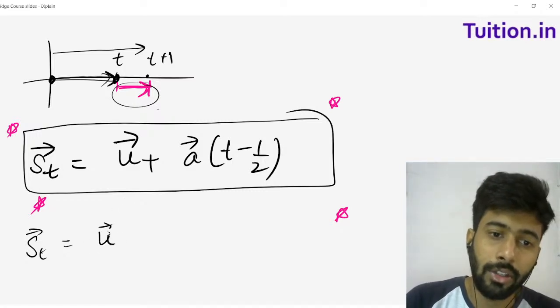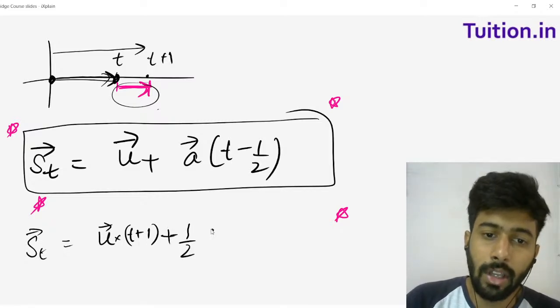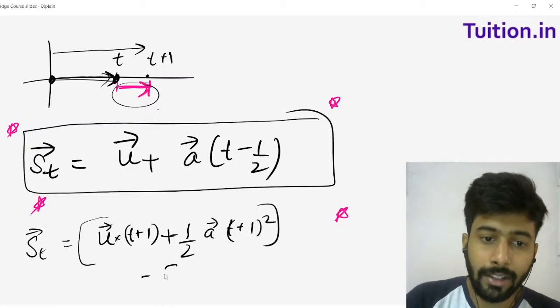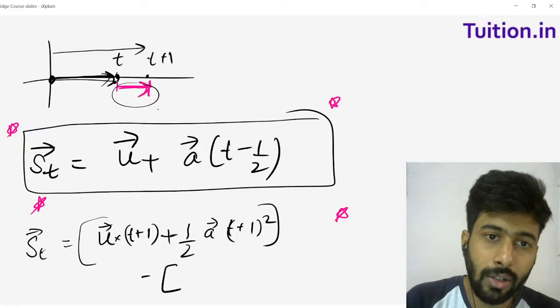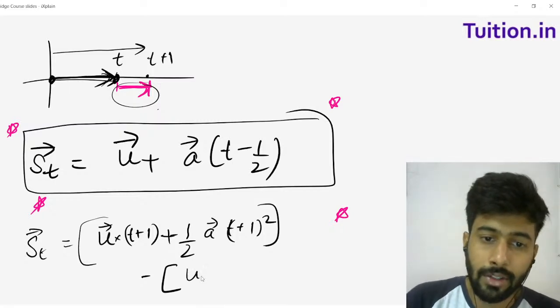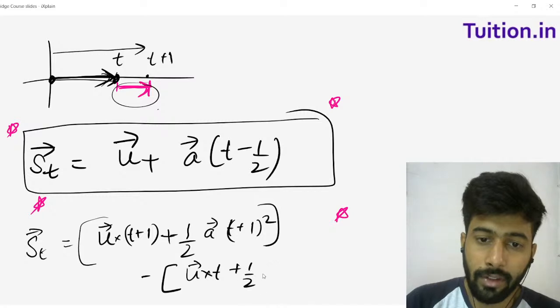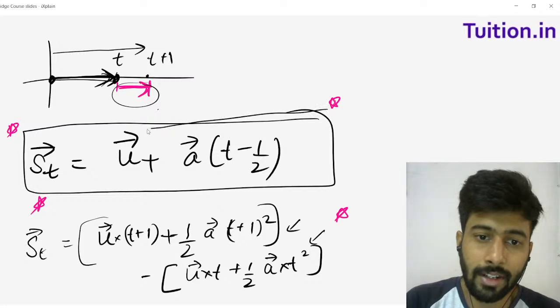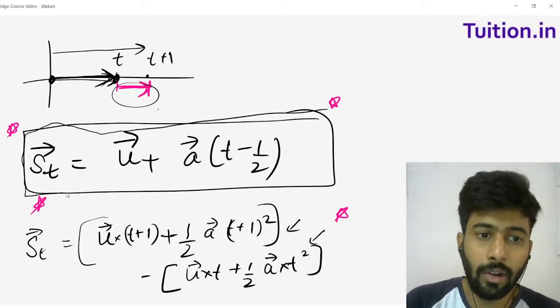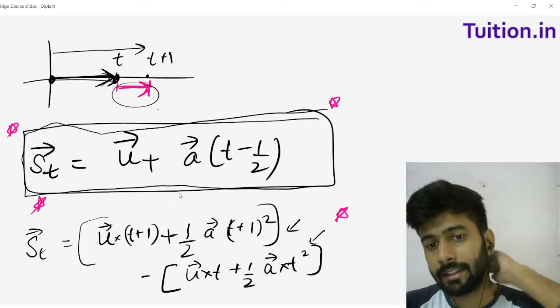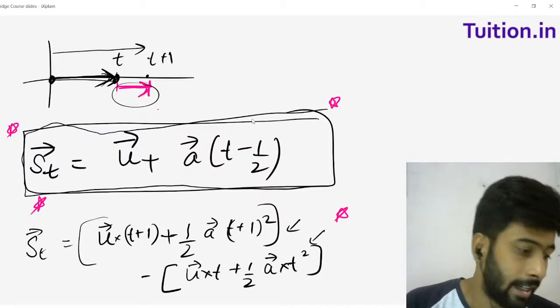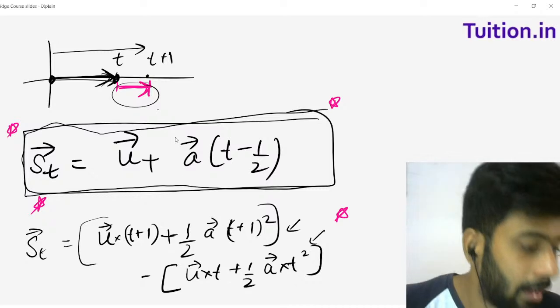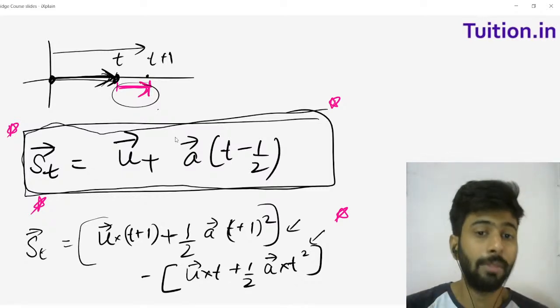Using this formula, u bar into t plus 1 plus half into a bar into t plus 1 whole square, and you will have to subtract the displacement which was covered from start to t, and that was u bar into t plus half of a bar into t square. And when you carry out that subtraction, you will get this result. Okay, so this is again an important formula to remember, and you will use it for certain problems.